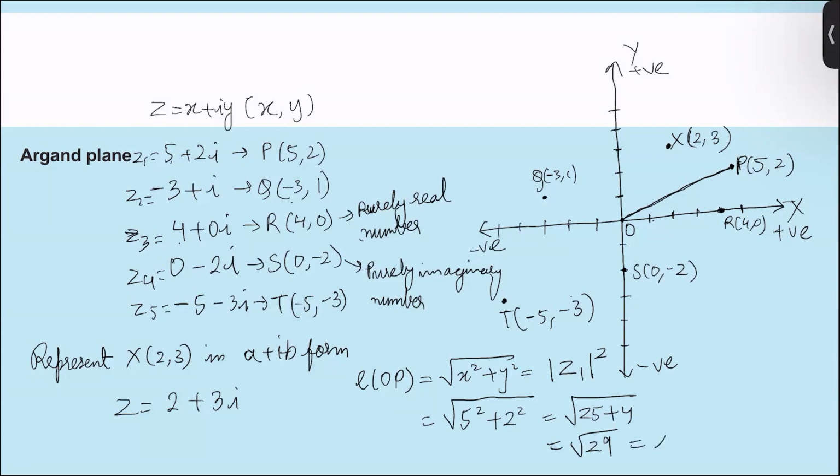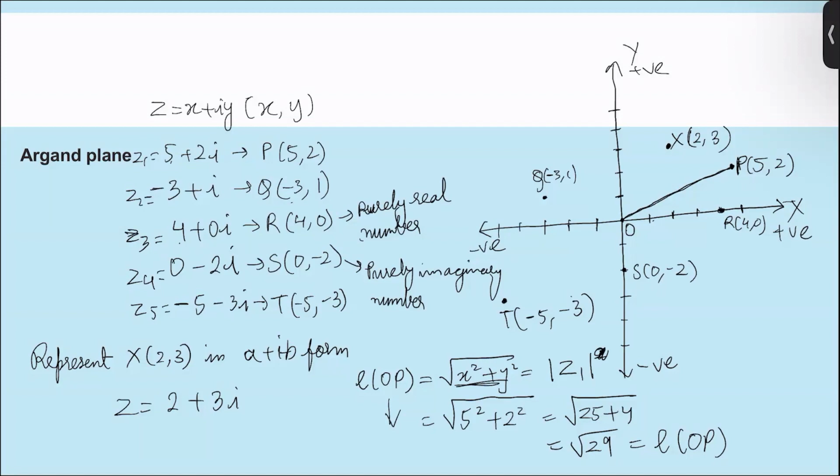So the length or the distance of point P from the origin O is actually the modulus of the complex number itself. Sorry, this is not square. So you can get it easily. You either write it in this form, or if you know the modulus of the complex number, that too will work.